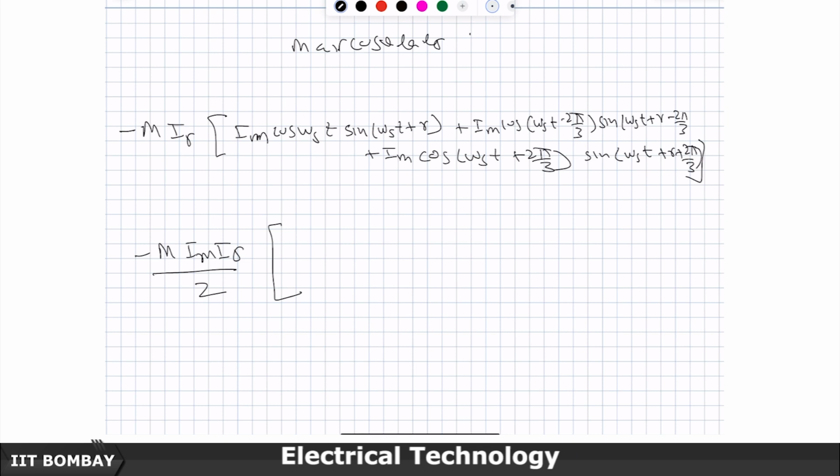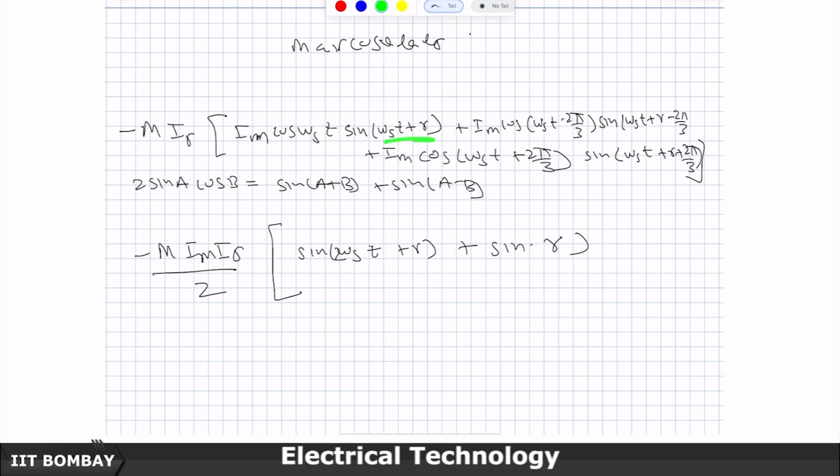Then I am going to use 2 sin A cos B equal to sin of A plus B plus sin of A minus B. So, to do that I divide this by half and multiply it by half. Then the first term, 2 sin A cos B, will give me sin of A plus B, which is sin of 2 omega s t plus gamma, plus sin of A minus B, which is sin of gamma, because of this minus omega s t.